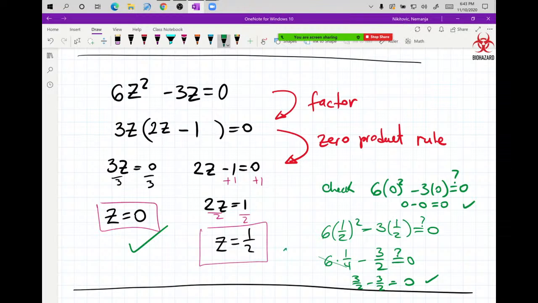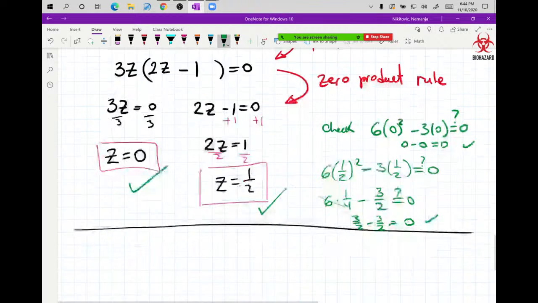So yes, both of these are perfect solutions, because when you plug them back in the original equation, you get the true mathematical statement, in our case 0 equals 0 across the board. So this is why I absolutely love equations. I can check them and I know it's correct, because I plugged the value in and it worked out, and that's the end of the story.